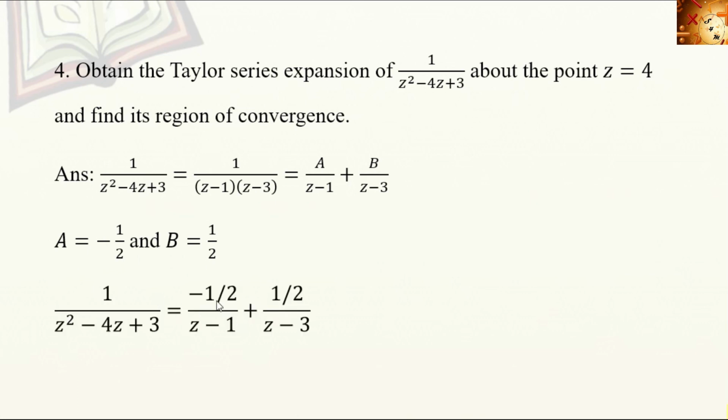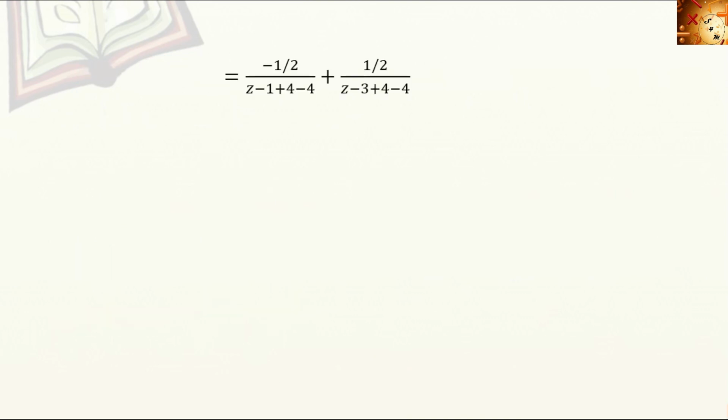Substitute it. So minus 1 by 2 divided by (z minus 1) plus 1 by 2 divided by (z minus 3). Consider the first one, minus 1 by 2 divided by (z minus 1). On the first fraction, we need the Taylor series about z equal to 4. So z minus 4 is the factor.